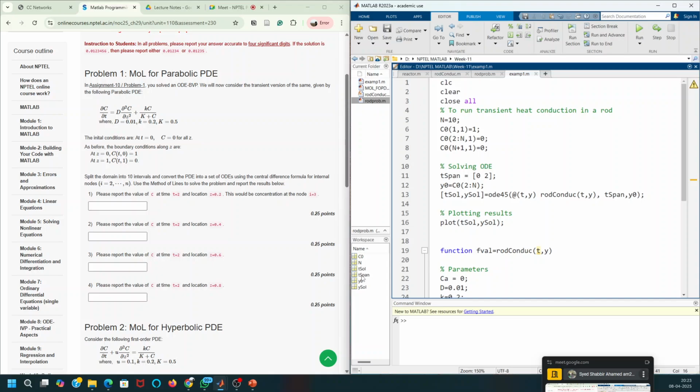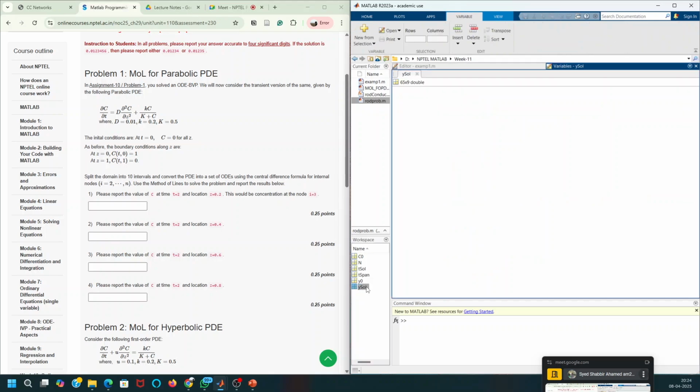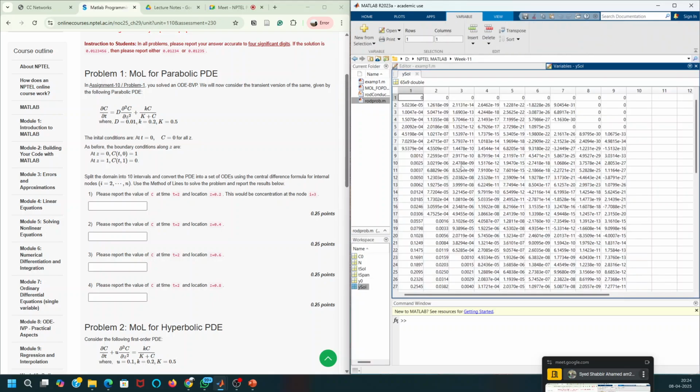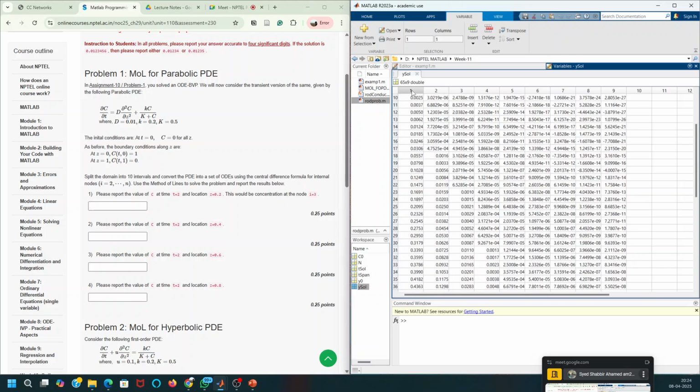Or we will just look at this. So we are getting y solve. Y solve has all the values. You can see the first column has variation of concentration at z is equals to 2, variation of c at z is equals to 2 with respect to time.